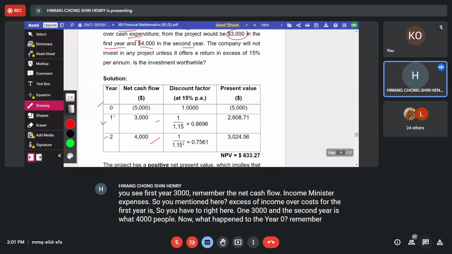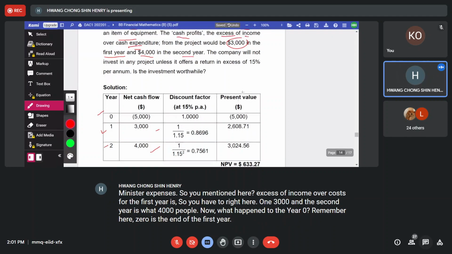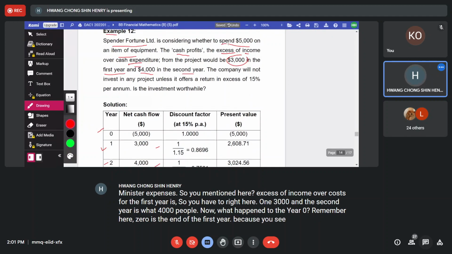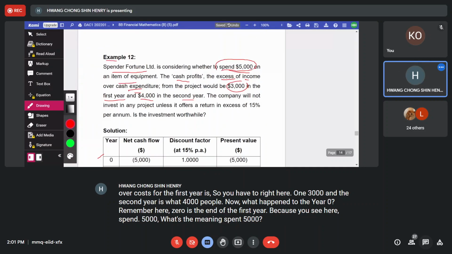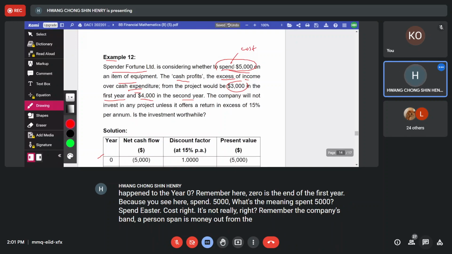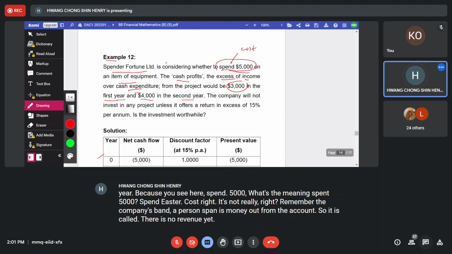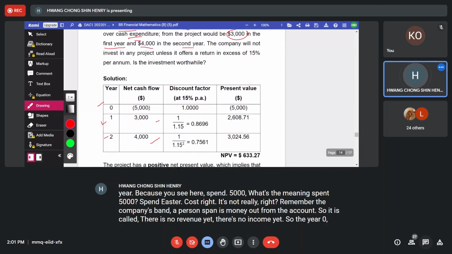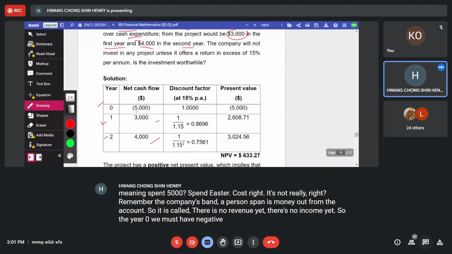Remember, year 0 is the end of the first year. Because you say here, spend 5,000. What's the meaning of spend 5,000? Spend is a cost, right? It's not revenue, right? Remember, a company spending, a person spending, is money out from the account. So this is cost. There is no revenue yet, no income yet. So in year 0, you must have a negative 5,000.